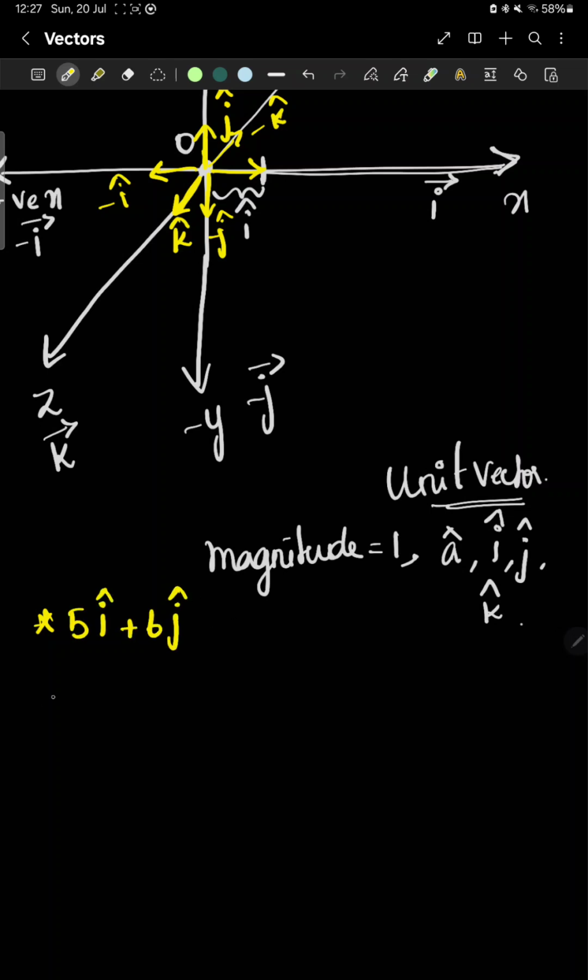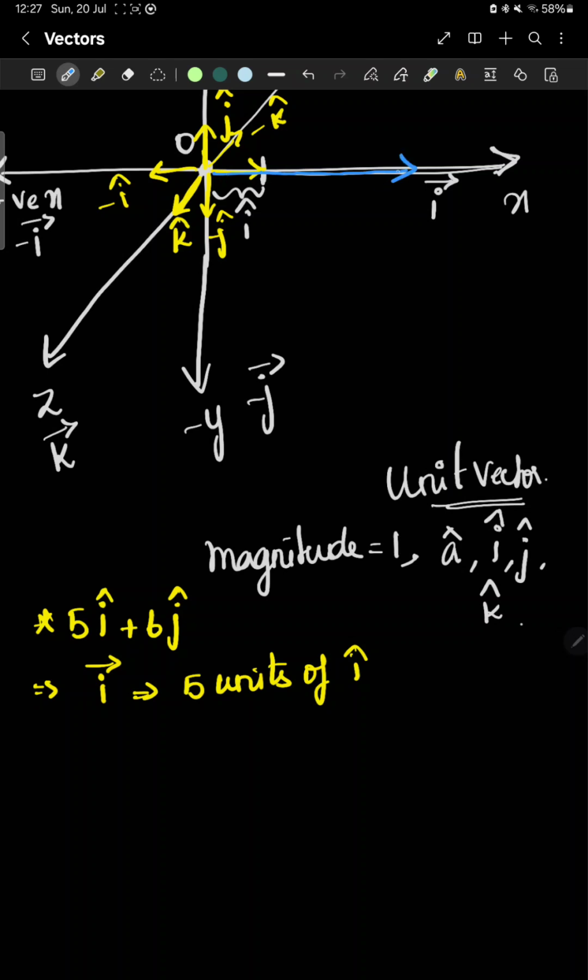So suppose I am having an equation like 5 i cap plus 6 j cap, which means in the i vector direction, I am having 5 units of i cap. So which means the multiplication of 5 with i cap: 1 2 3 4 5.